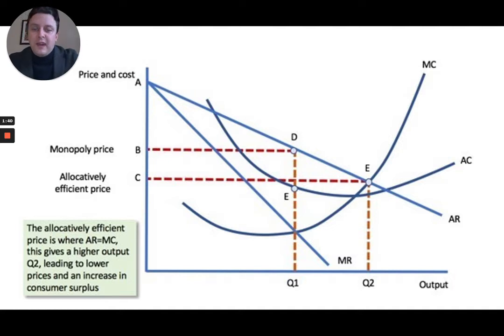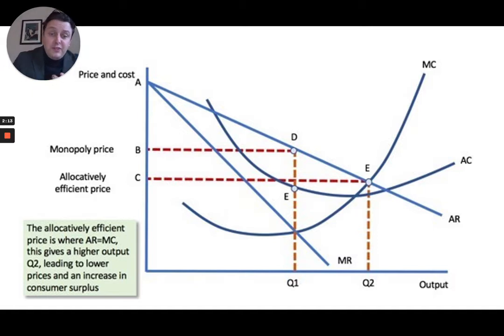So the logic behind this evaluation and analysis of monopolies can be seen in this diagram. Now, the monopolist is producing at quantity Q1, and the price that they're charging is at price B. Now you'll notice that this is way higher than where the marginal cost crosses the marginal revenue.